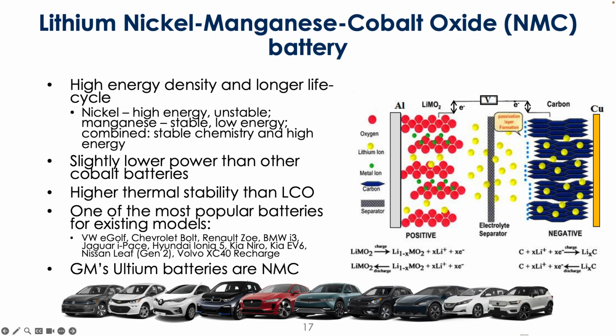This particular battery chemistry has maybe a little bit lower power, but is much more stable than LCO. So again, one of the more popular battery formats for most other electric vehicle models.